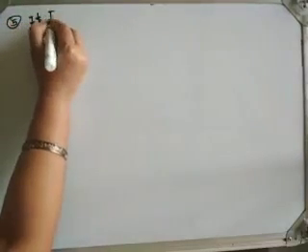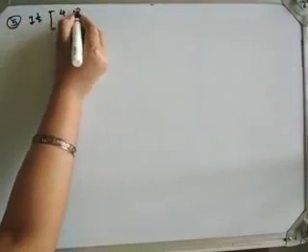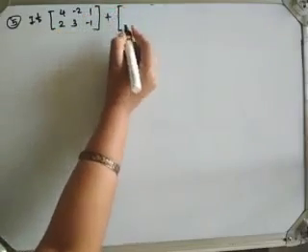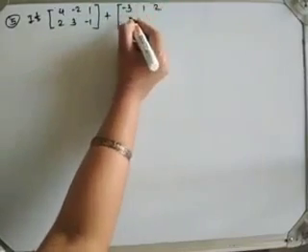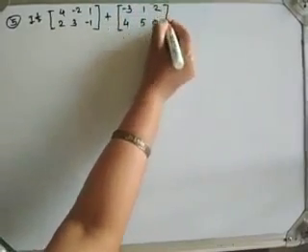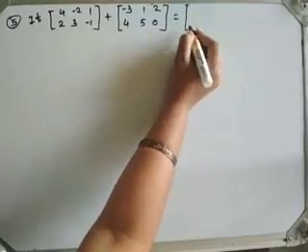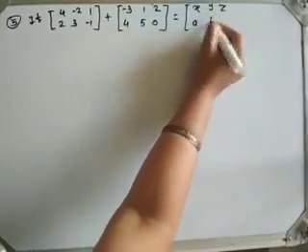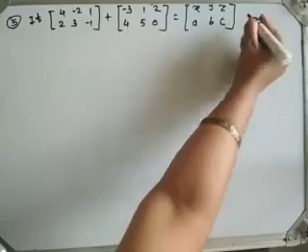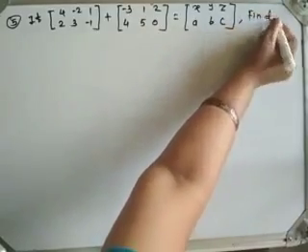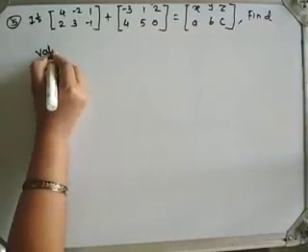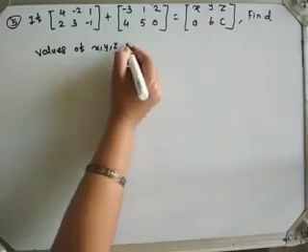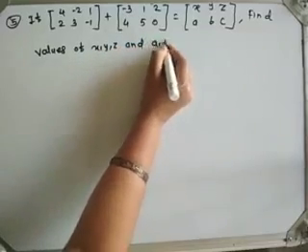If the matrix 4, minus 2, 1, 2, 3, minus 1 plus the matrix minus 3, 1, 2, 4, 5, 0 is equal to the matrix x, y, z, a, b, c, find the values of x, y, z and a, b, c.